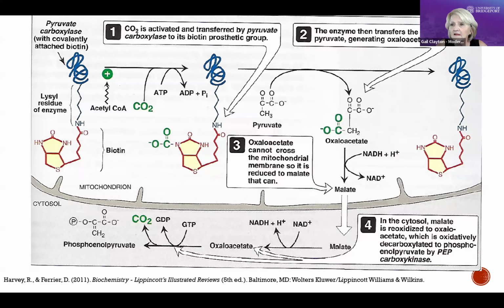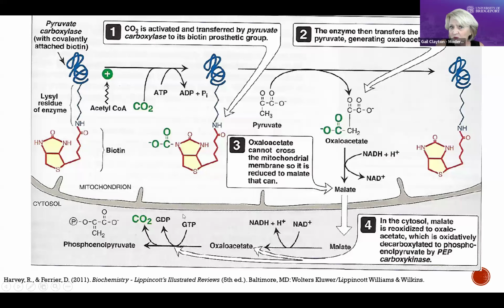So now we have malate. Malate then comes out, and guess what? It gets oxidized, and it's turned back into oxaloacetate. Actually, it takes off 2 hydrogens off of malate and turns it back into oxaloacetate.